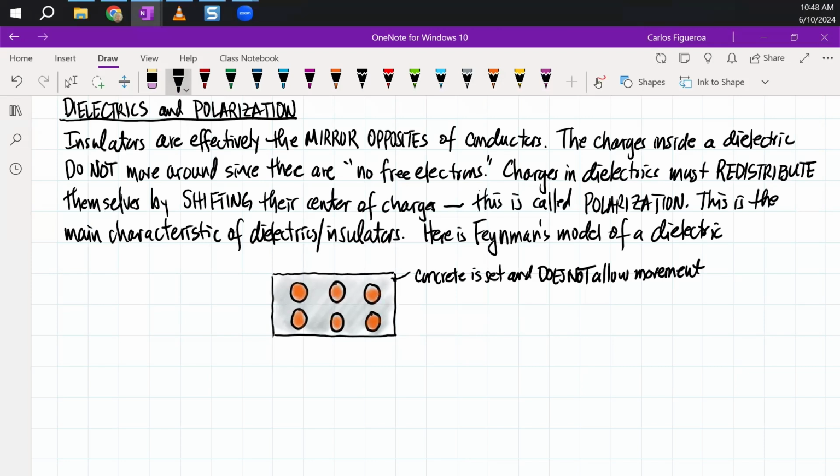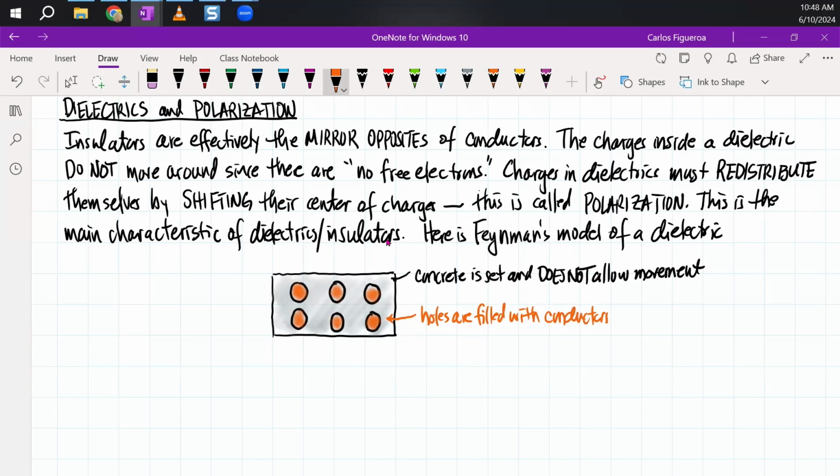So the holes are filled with conductors, which we could then induce charges on.